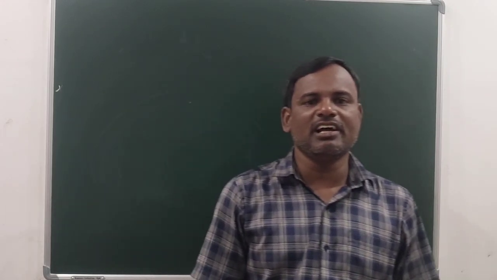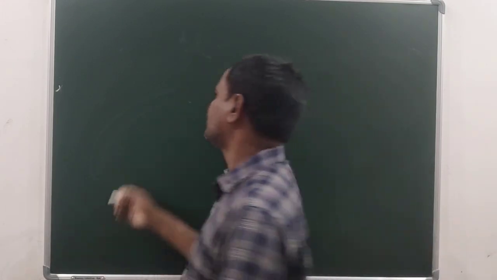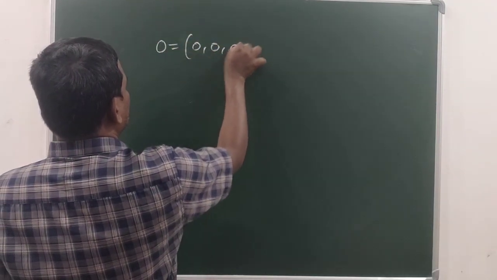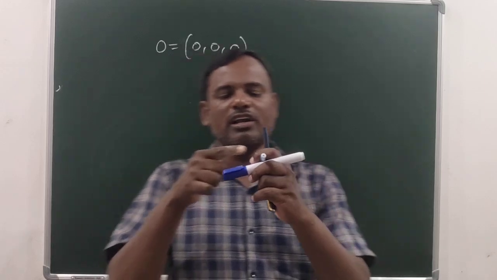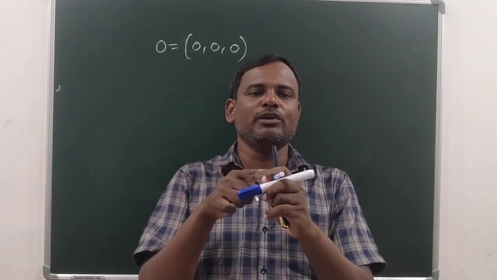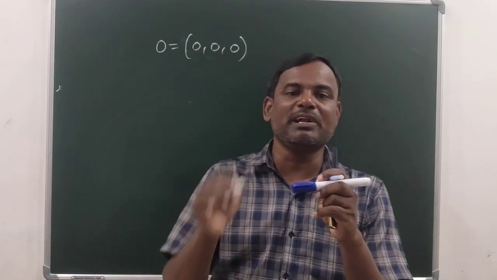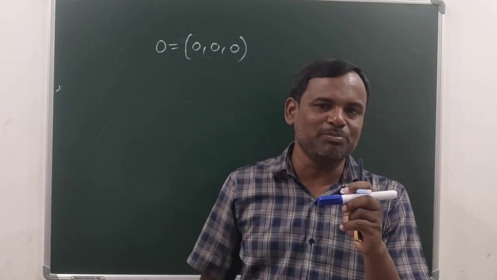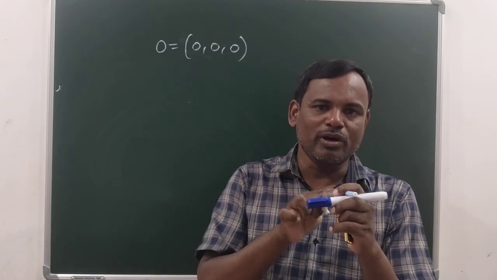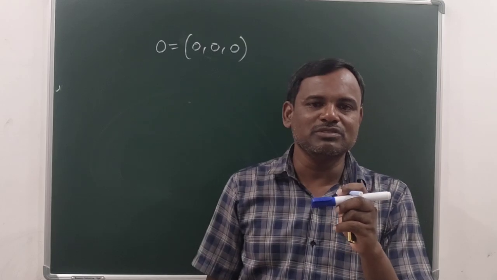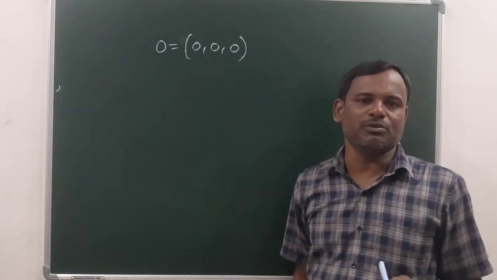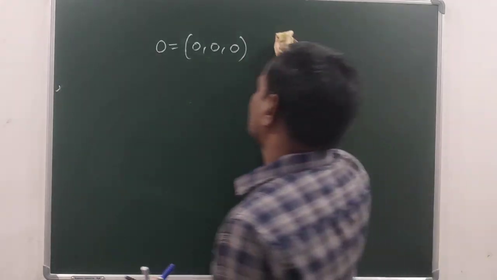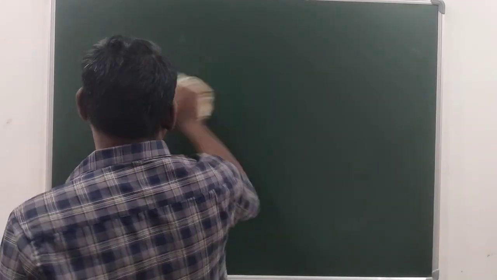In 3D also, the coordinates of the origin are 0, 0, 0, because at the origin you cannot draw perpendicular distances from that point to the xy, yz, zx planes. Hence the coordinates of that point become 0, 0, 0. Remember this point.